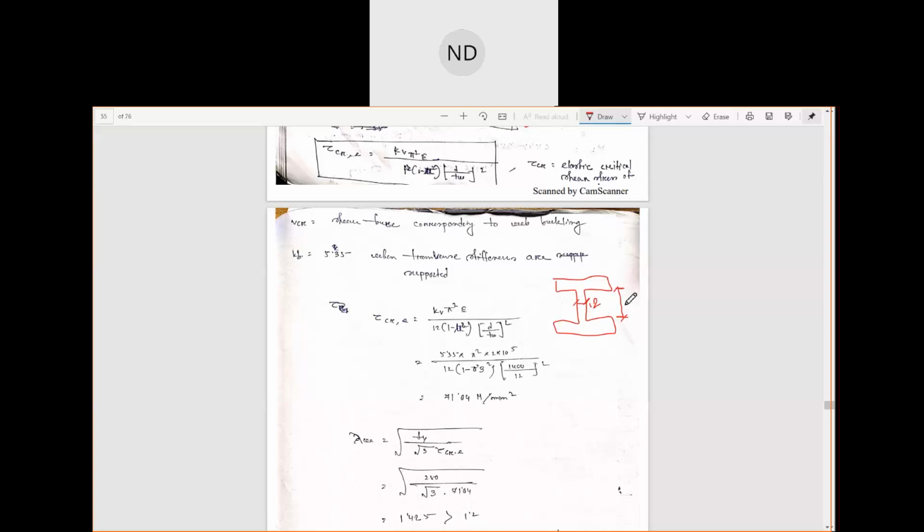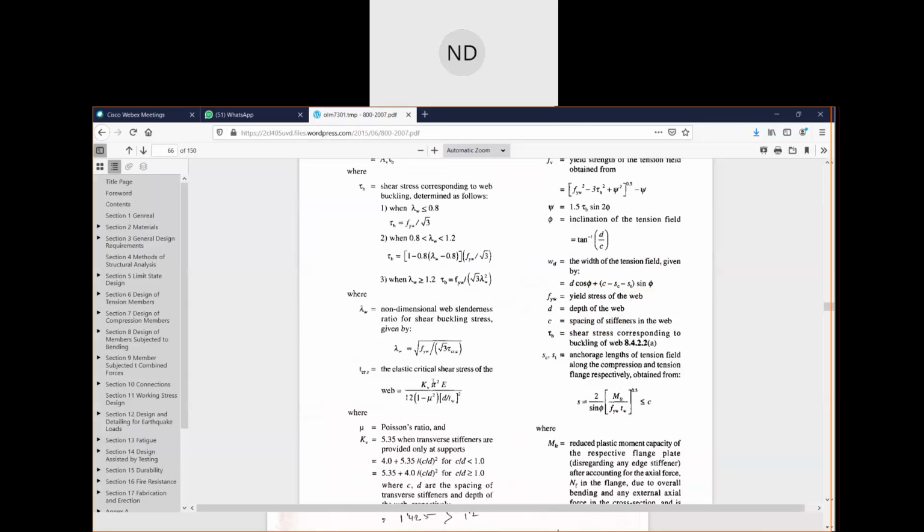So this is our d, 1400, and tw, the thickness of the web, is 12. Okay, so we have got our τcr value. Now, once we know τcr, we can place this value of τcr and find out λw.